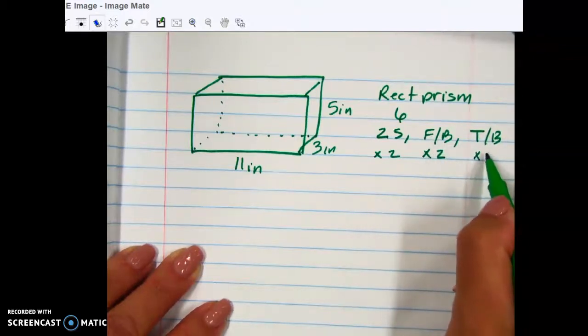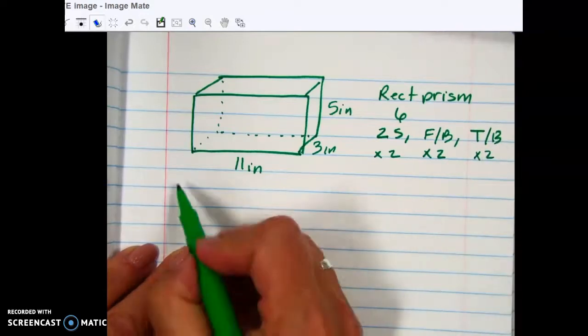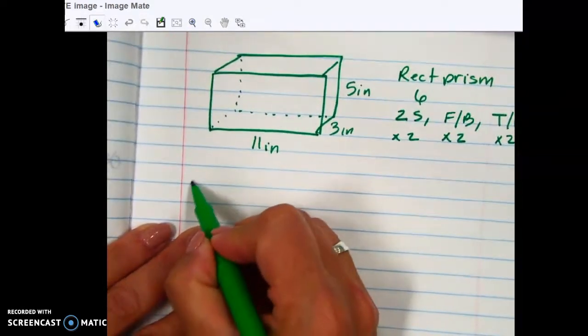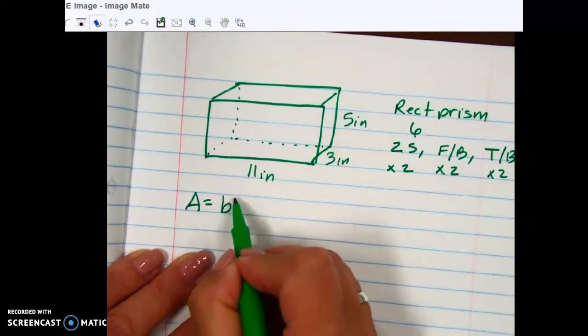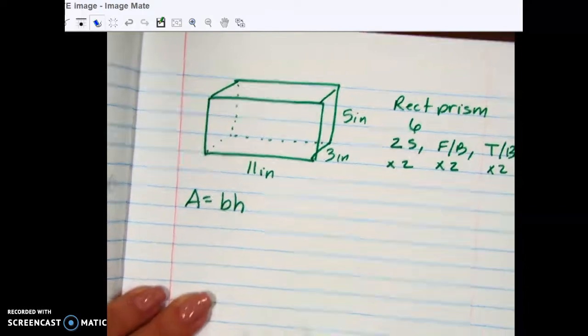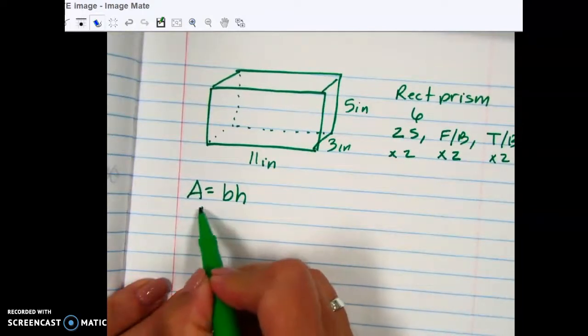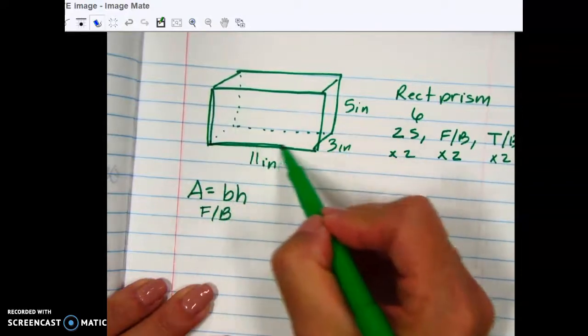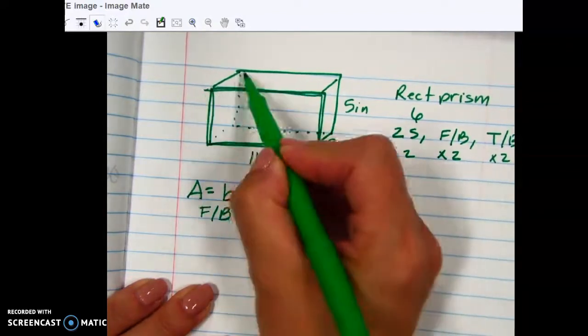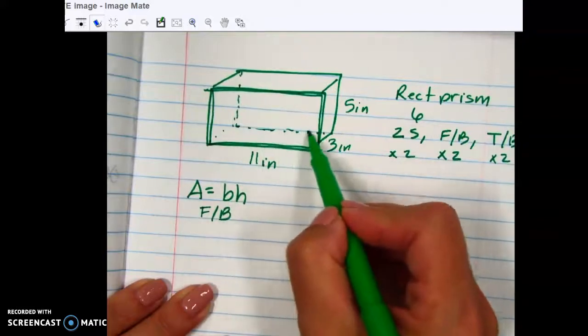If I find the area of the top, I'm going to multiply it by 2 because the bottom will be the same. So of course, the area formula for a rectangle is base times height. Let's go ahead and do front and back first. So this would be the front, and here is the back.